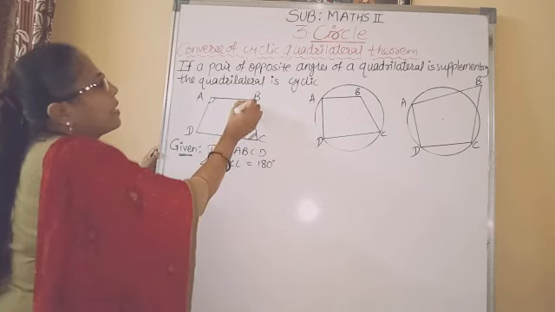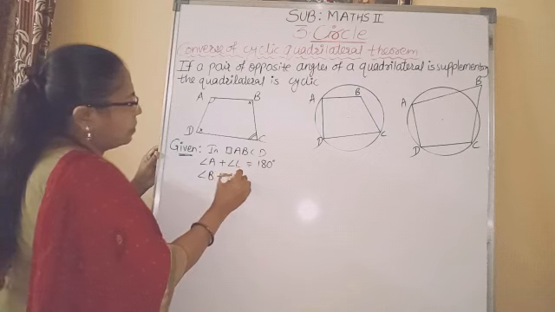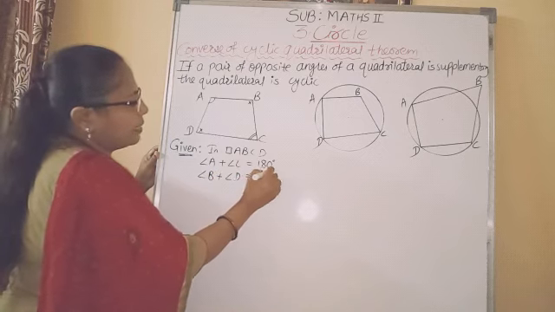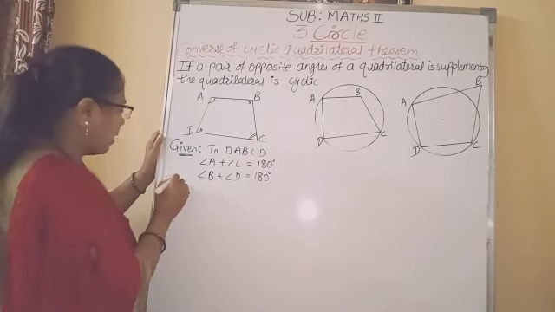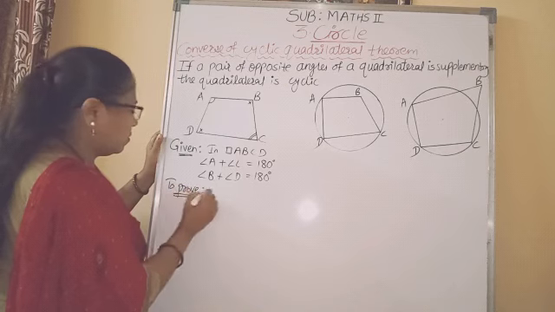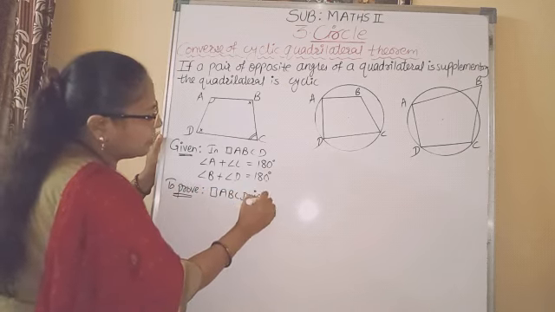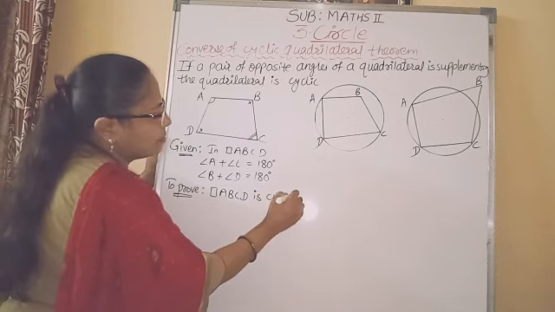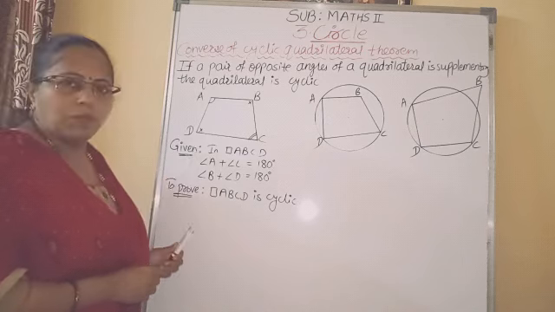And second pair is angle B plus angle D is equal to 180 degree. Opposite angles are supplementary and we have to prove quadrilateral ABCD is cyclic. Followed given and to prove.